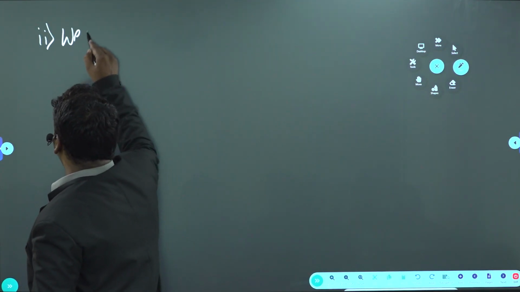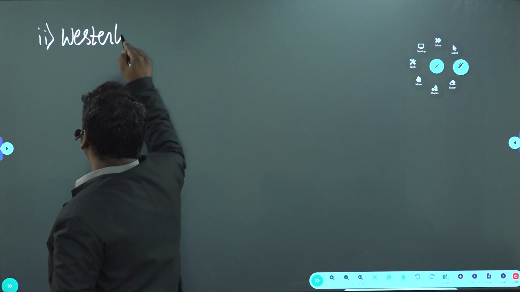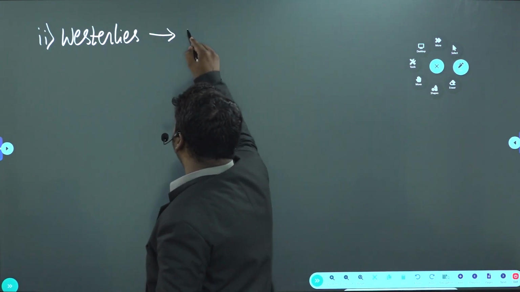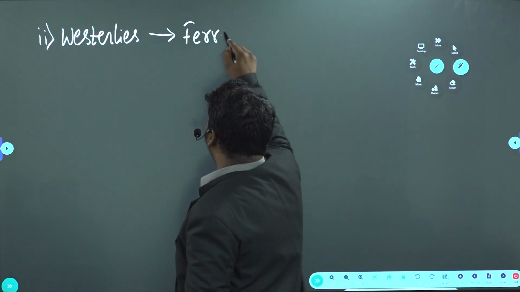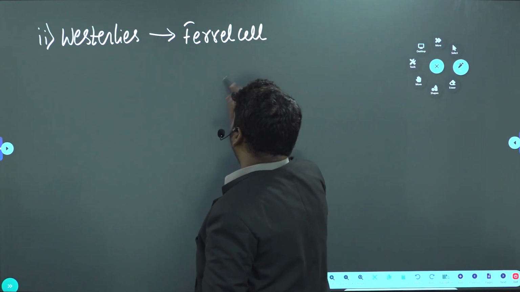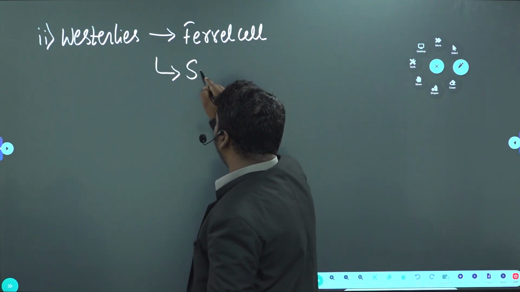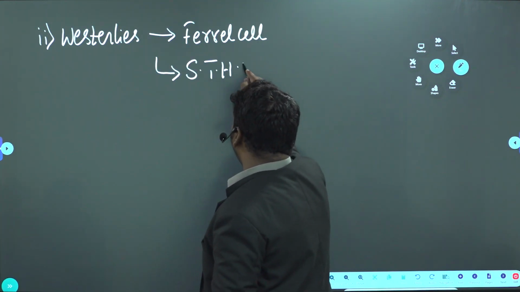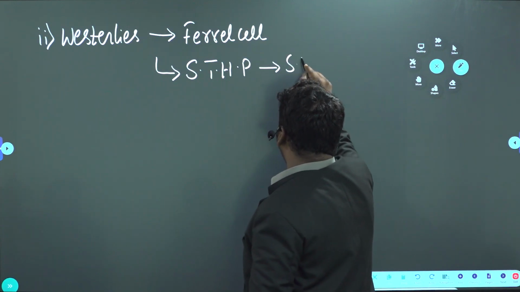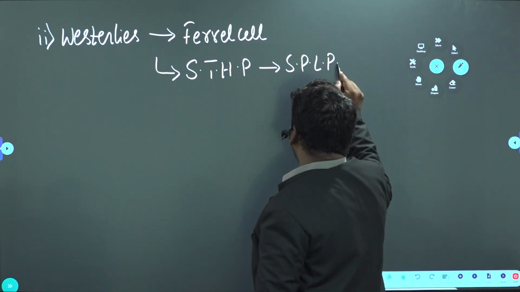Second is westerlies. Which cell will westerlies be in? Ferrel cell. And Ferrel cell is from where to where? Subtropical high pressure to subpolar low pressure.